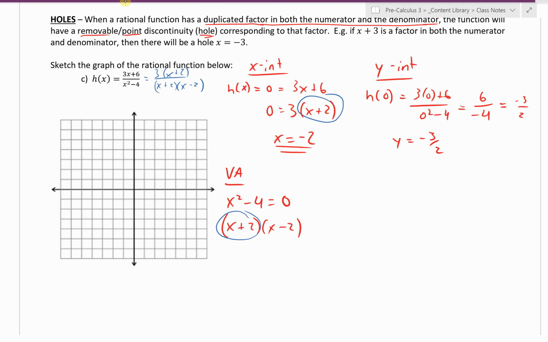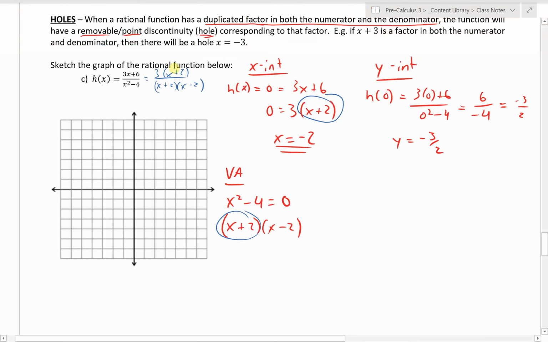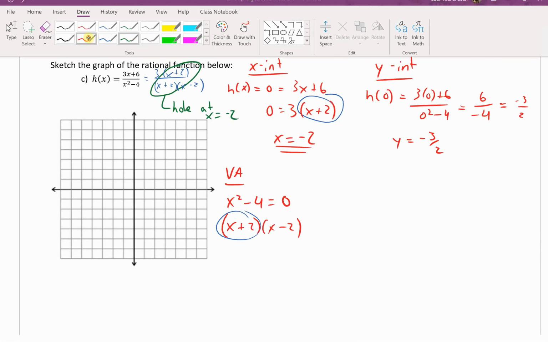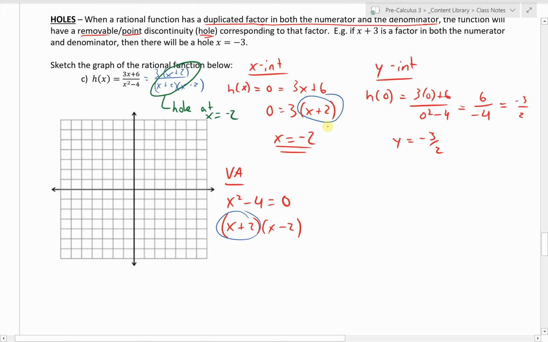Right here, x plus 2, these two repeating factors tell us that there will be a hole at x equals negative 2. This is a bit of a strange thing, because if there's a hole there, the function value doesn't exist there.